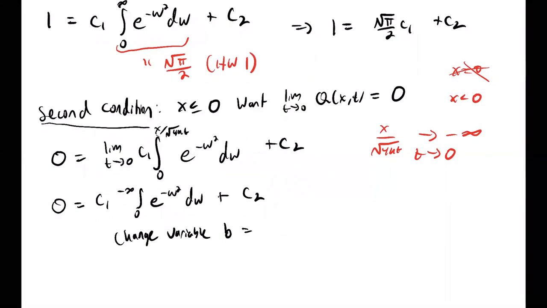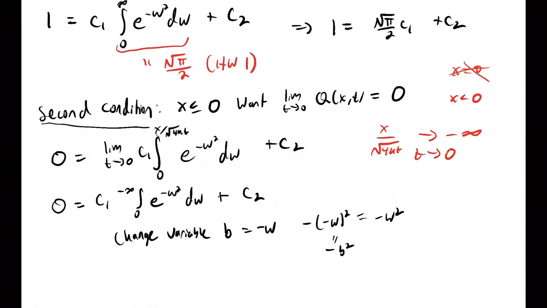Let's say b is equal to minus w. Notice that minus w squared is still minus w squared, and so in particular, minus w squared is going to be equal to minus b squared.